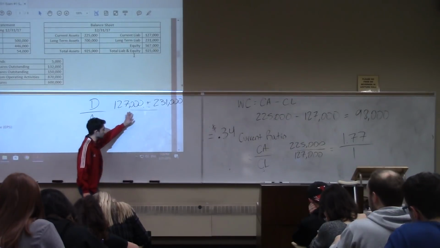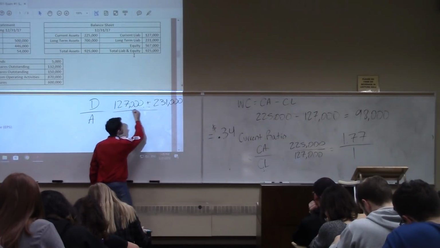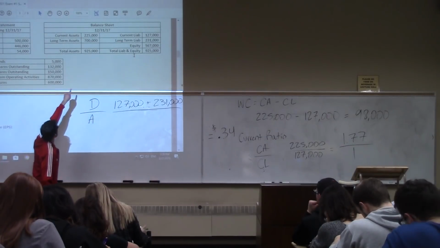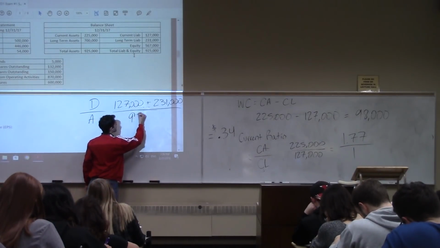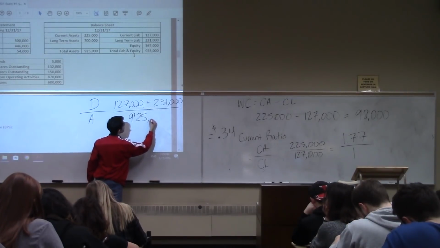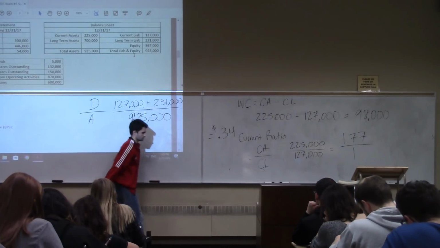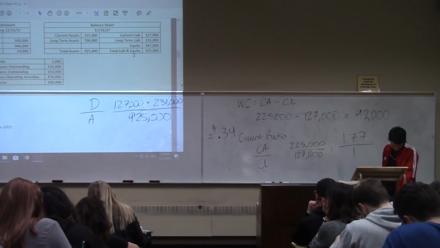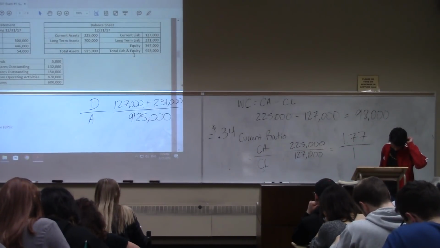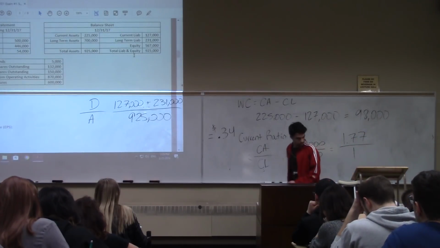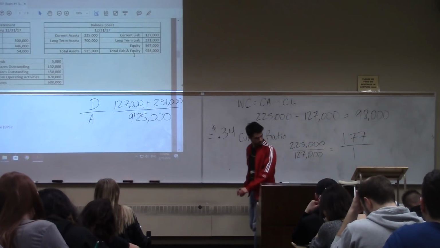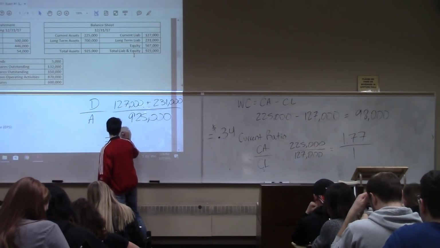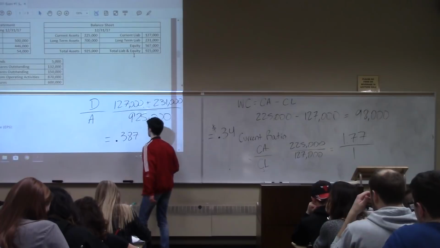So there's our total liabilities divided by our total assets, which says 925. So that gives me 0.387.